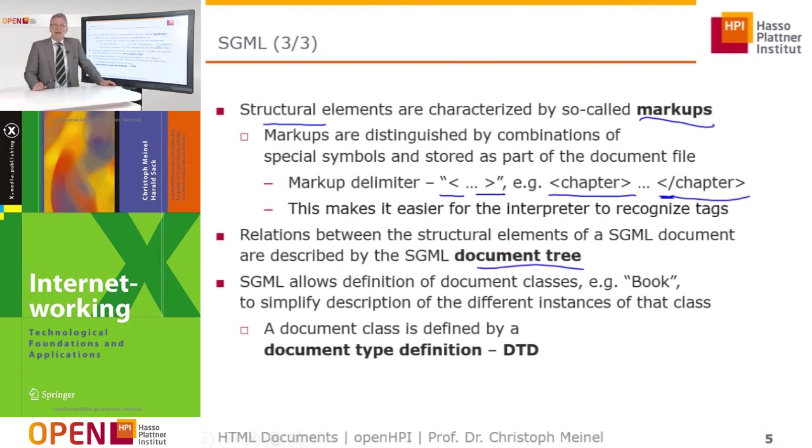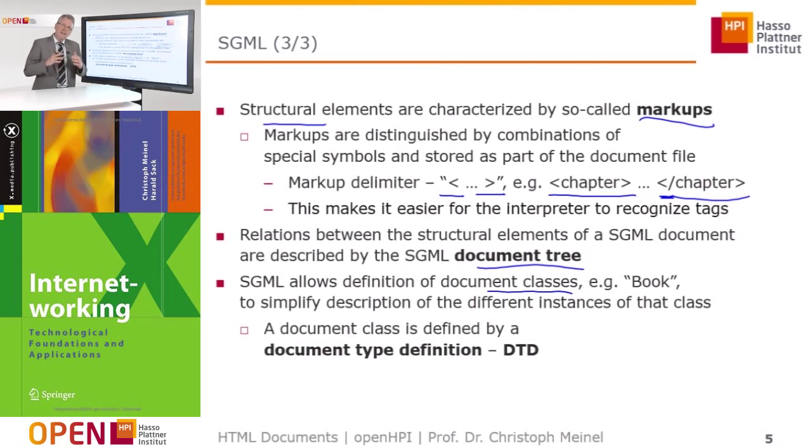By means of SGML, it's also possible to define document classes. To give an example, the document class of a book. All books are similarly structured. They start with the title, then there are the authors, then content tables and the different chapters, then an index at the end.